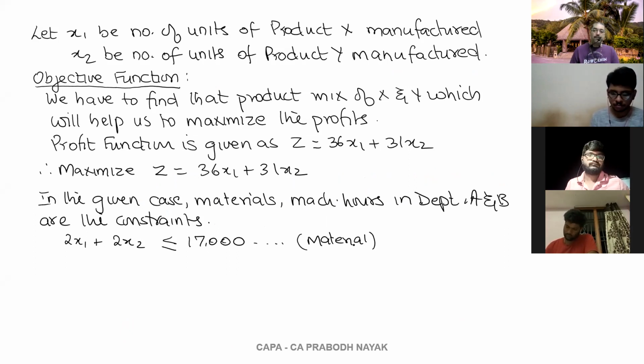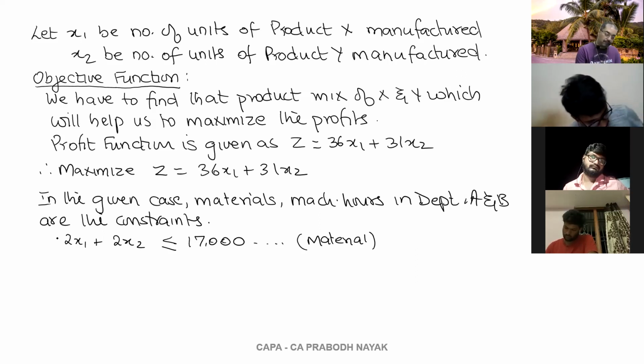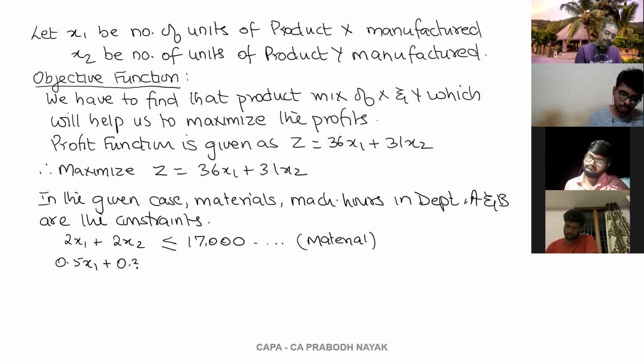Then I'm given that Department A has a maximum of 3,400 hours. So 0.5 into x1 plus 0.3 into x2 is less than or equal to 3,400.